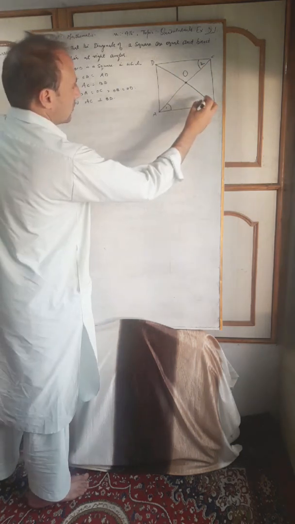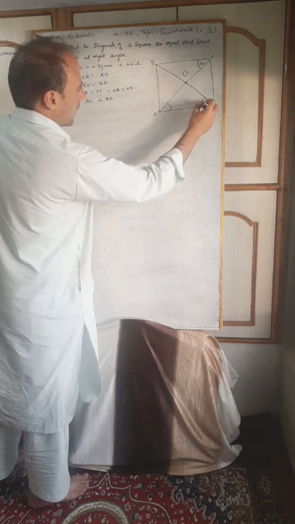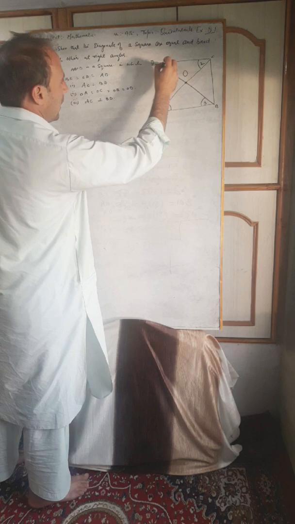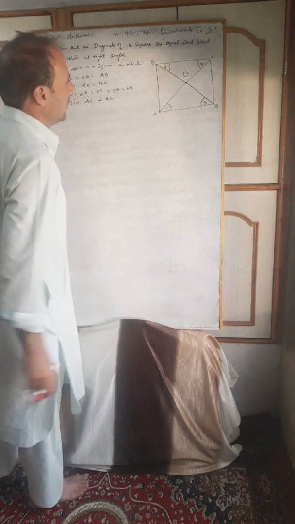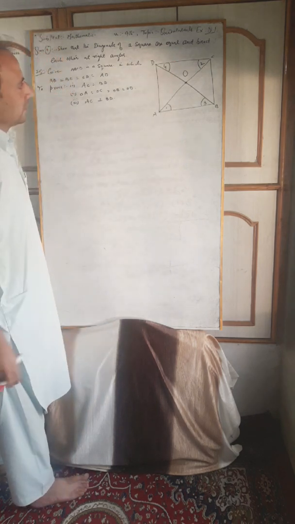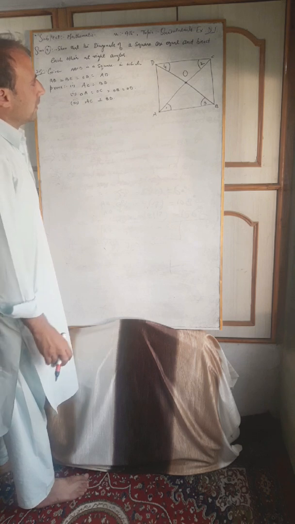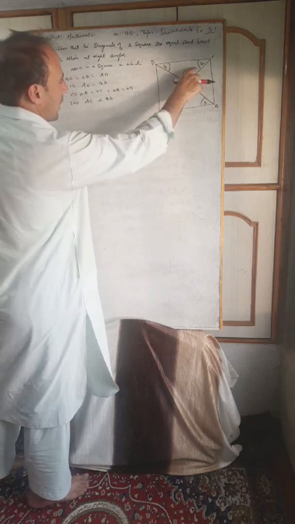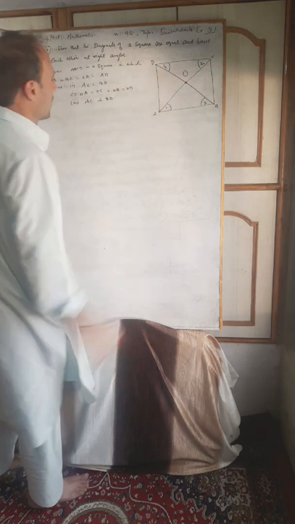Likewise, angle 3 is equal to angle 4 because AD is parallel to BC and AC or BD is the transversal. So angle 1 is equal to angle 2 and angle 3 is equal to angle 4.